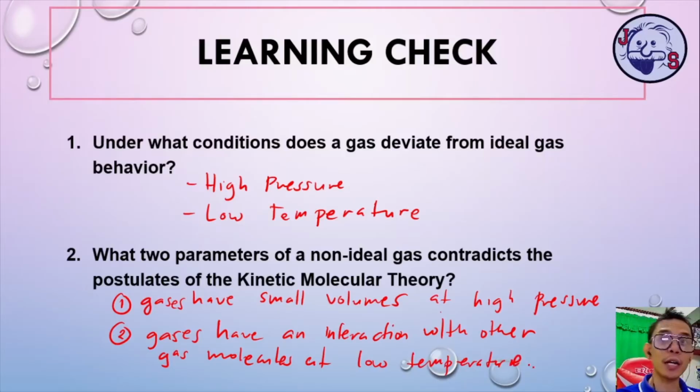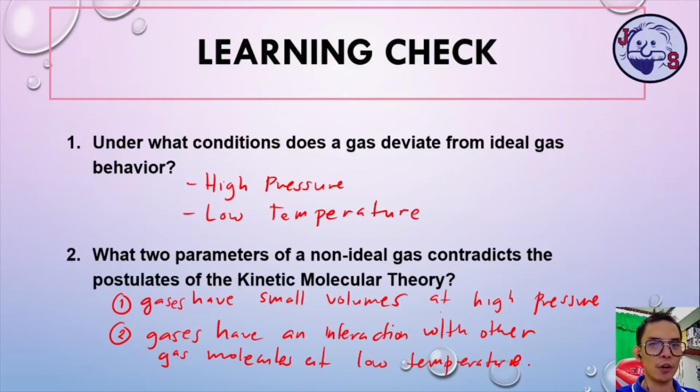So these are the two parameters. Gases have small volumes at high pressure. And the second one is gases have an interaction with each other. These are attractive and repulsive forces with the other gas molecules, at low temperature. So these are the two parameters in which the non-ideal gas contradicts the postulates of the kinetic molecular theory.